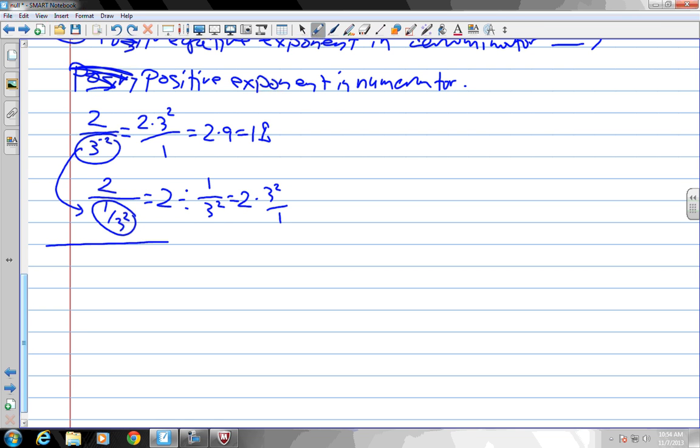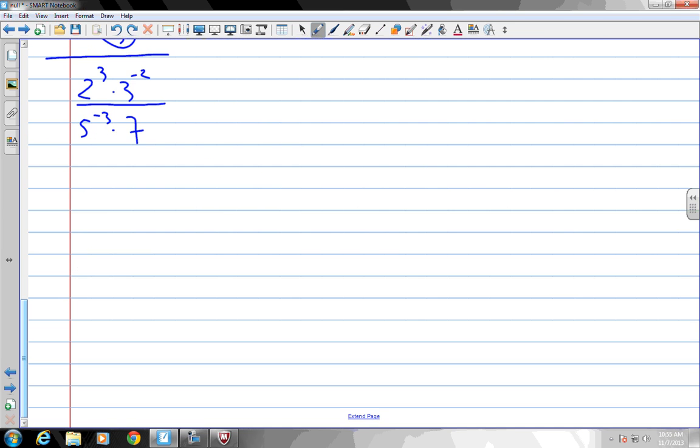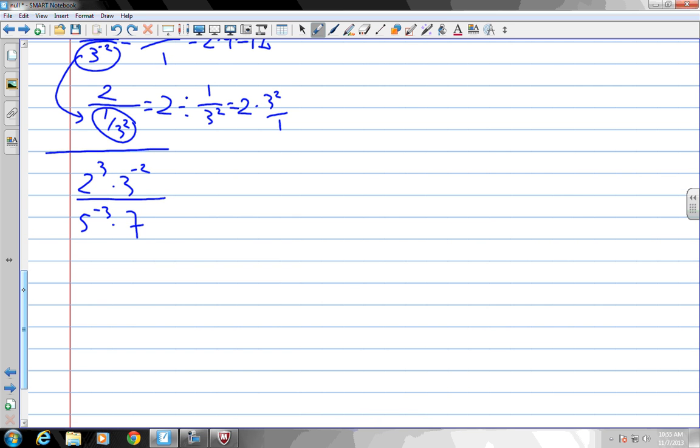Okay? Let me just give you a little messier example. If I have something like 2 cubed times 3 to the negative second over 5 to the negative third times 7. So 2 cubed in a numerator is 2 cubed in a numerator. I don't have to mess with that. But 3 to the negative second in a numerator, I can move it down.